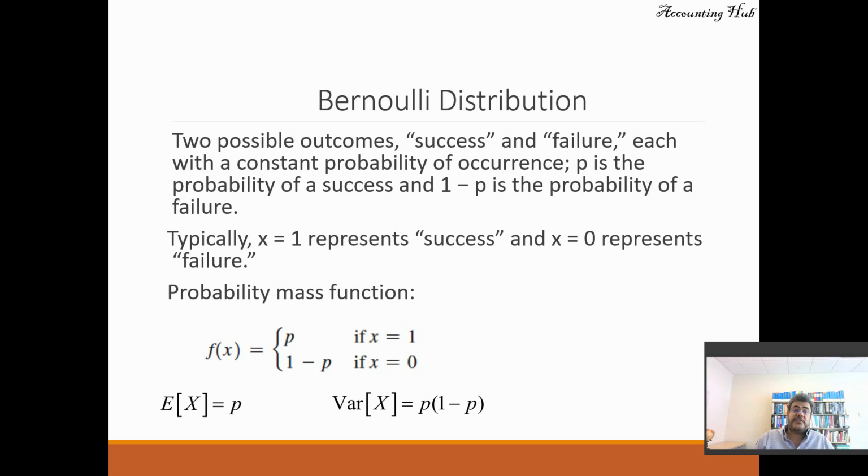And each of these yes or no's with a constant probability of occurrence. And P is the probability of a success, and 1 minus P is the probability of a failure. So when we combine the yes or no's, it must be 1. It must be 100%. So there is no maybe here.